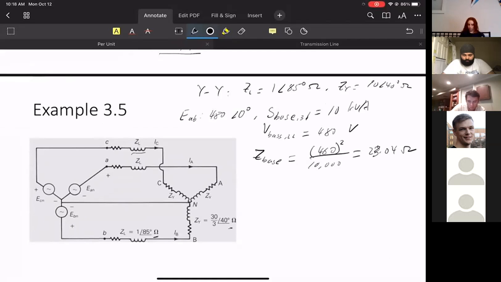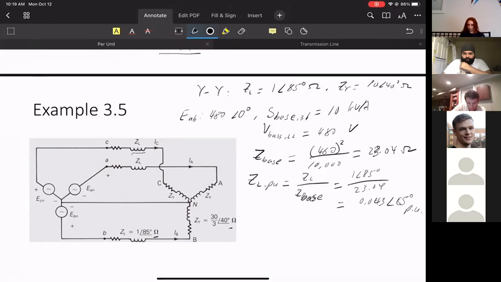Then let's look at what happened to this part. We have the ZL per unit. This is just ZL divided by the base. So this becomes 185 degrees over 23.04, and this is 0.043, 85 degrees per unit. The angle doesn't change when we have a per unit calculation, and the magnitude changes like this.